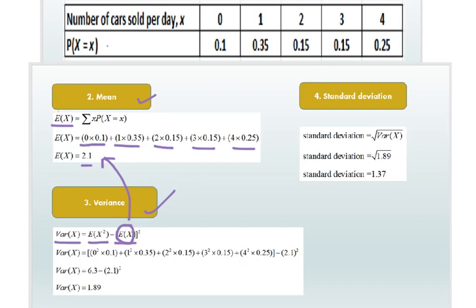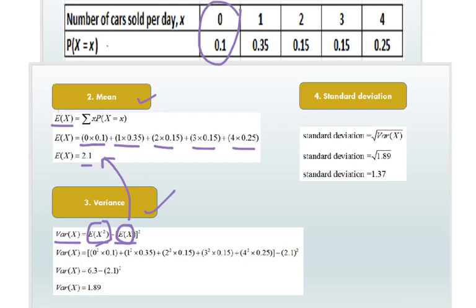But for the expected of x squared here, how do we come up with the expected of x squared? The calculation is the same with the expected of x. It's just that you need to square the value of your x. If we look at the table again for the probability distribution, 0 with 0.1, our x is 0.